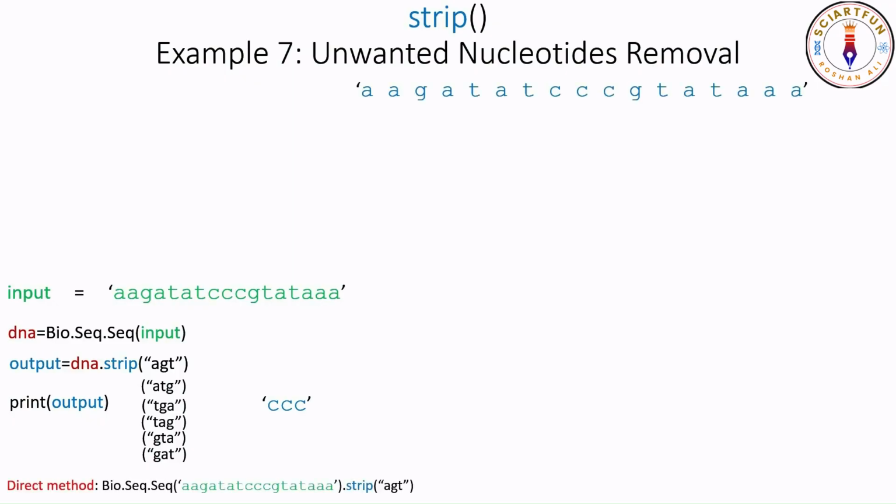Here is the step-by-step mechanism it will follow in stripping the nucleotides from both the ends. It will strip the terminal nucleotide, if it is either A, or T, or G. If it encounters C, the cycle will stop there.